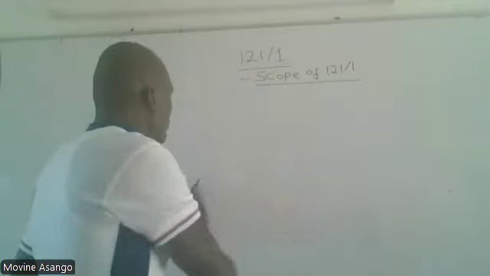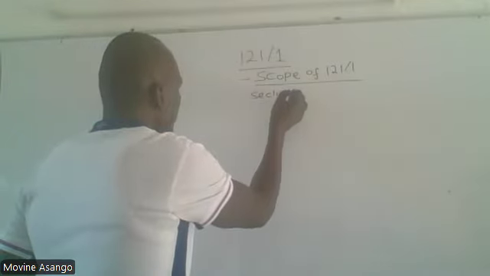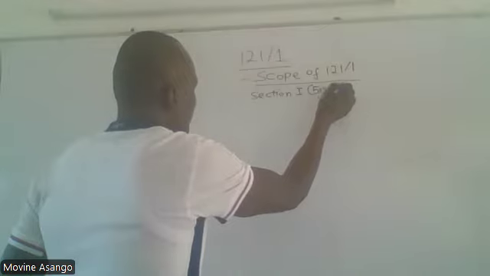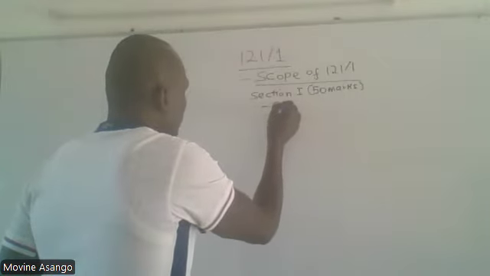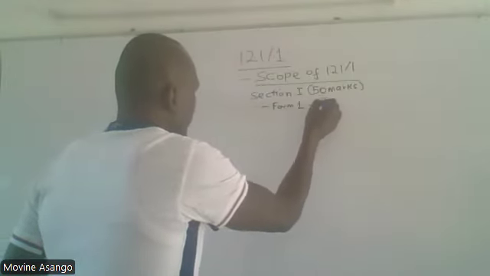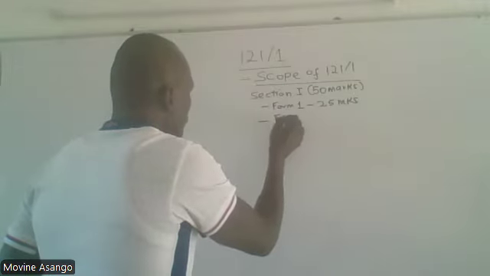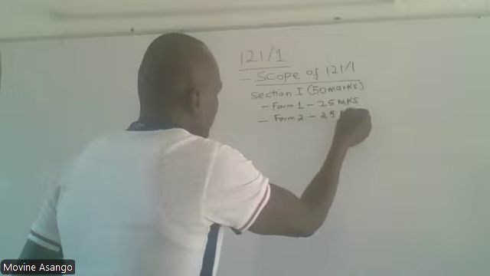So under the scope, we'll start by saying section 1, 50 marks, is comprising of Form 1, 25 marks, then Form 2, also 25 marks.